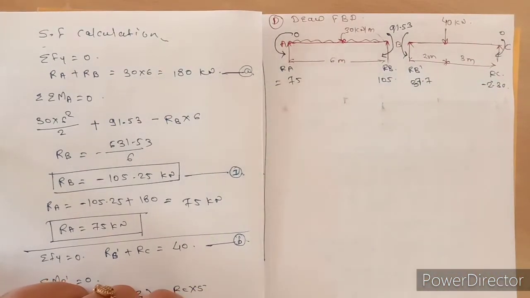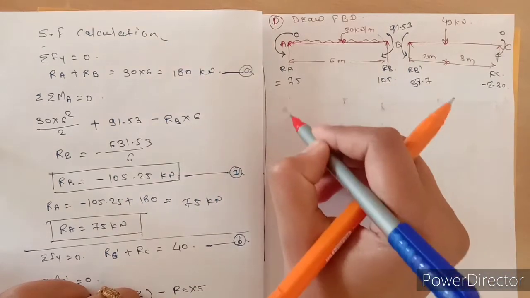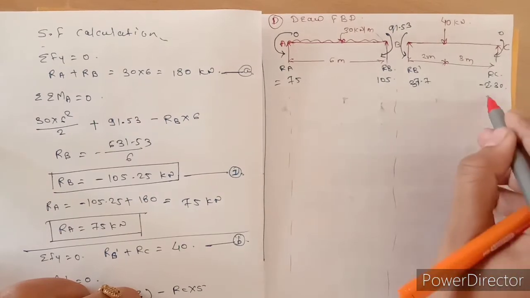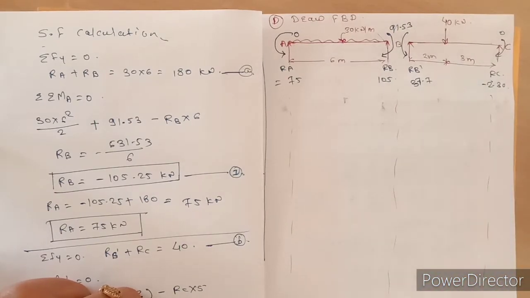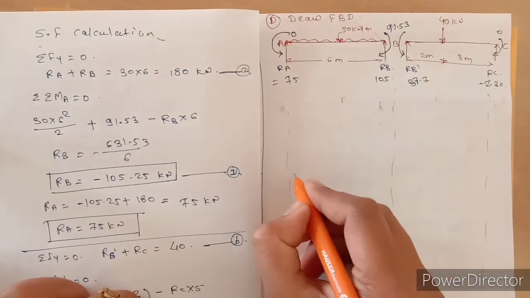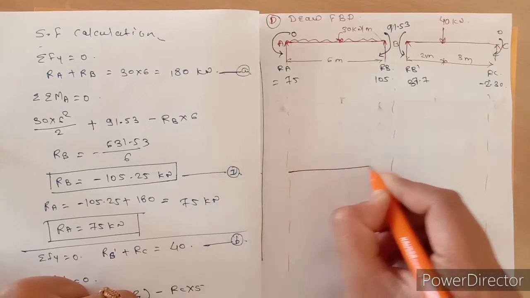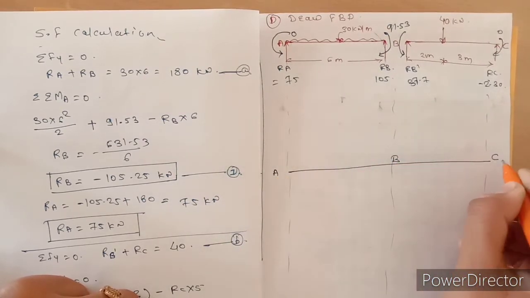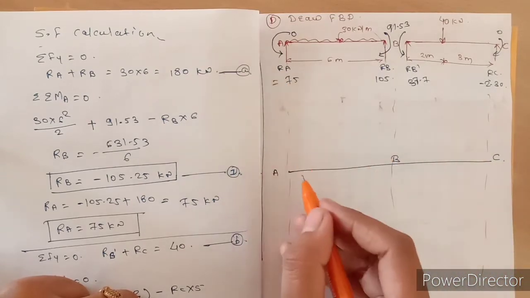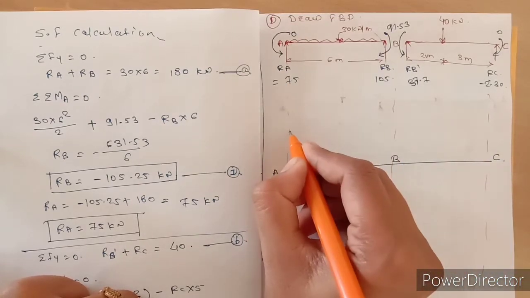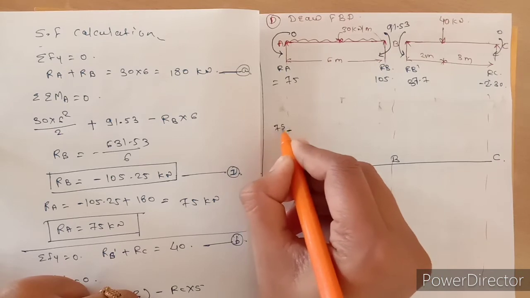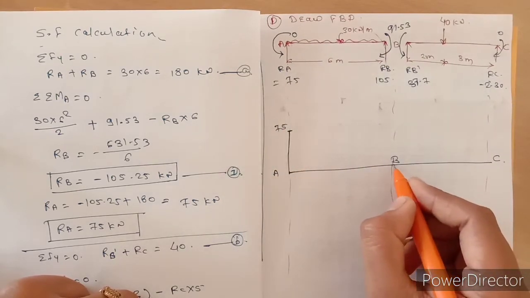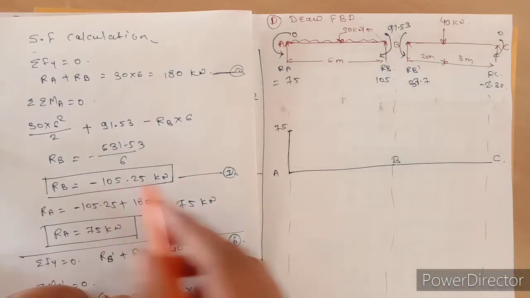So first take projection lines. And then draw the neutral axis A, B and C. So the RA value is 75. So approximately here 75. Then RB is equal to minus 105.